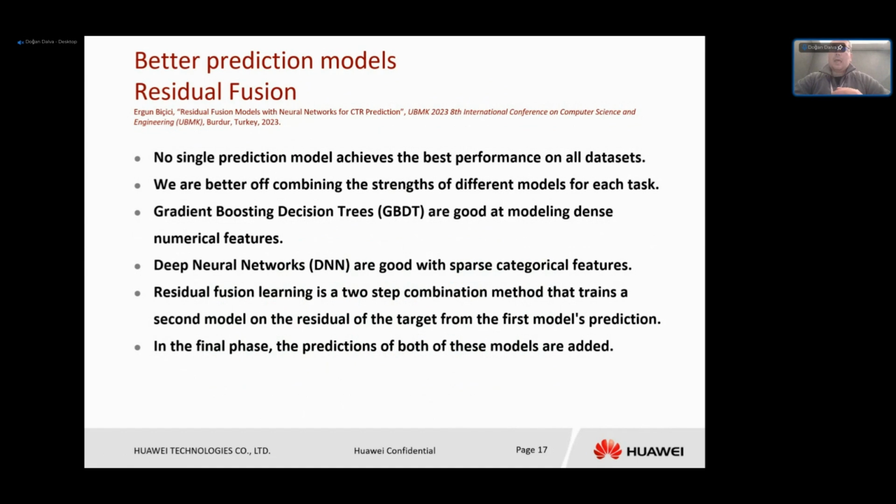First, we train a model like gradient boosting decision trees, and then the output of this model, GBDT, is subtracted from the actual output, and the residual, the remaining part, is used as the label to train the deep neural network. And once we train both of these models, we can add the predictions to obtain the final output.